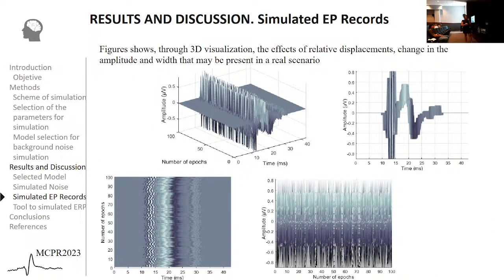In the following picture we can see the variation, in this display, of the relative displacement, change in the amplitude and change in the width, which may be present in a real scenario.